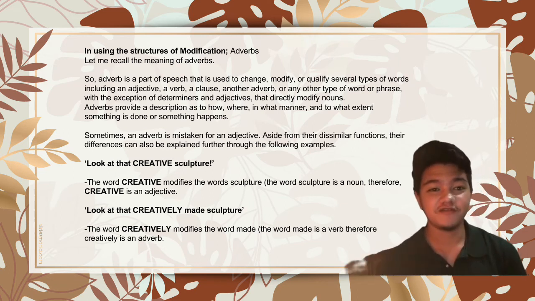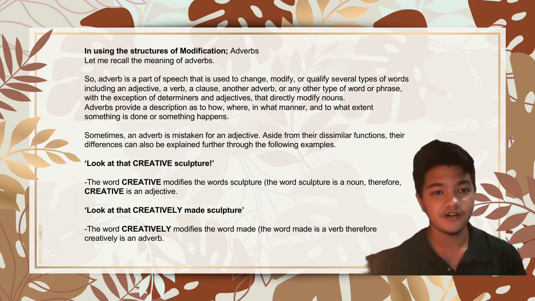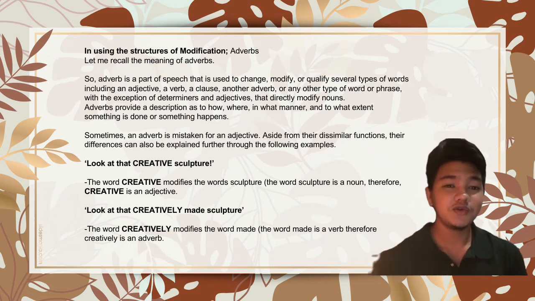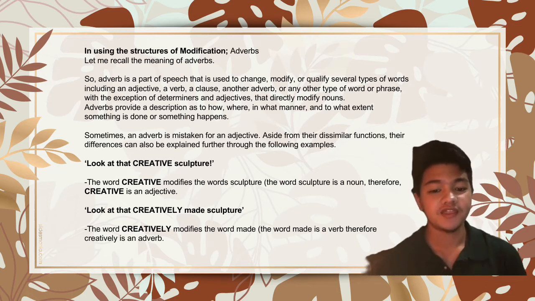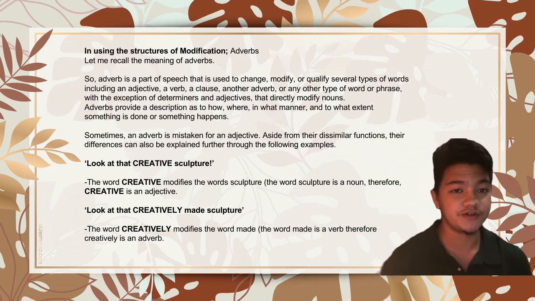Sometimes an adverb is mistaken for an adjective. Aside from their dissimilar functions, their differences can also be explained further through the following examples. Look at that creative sculpture. The word creative modifies the word sculpture.